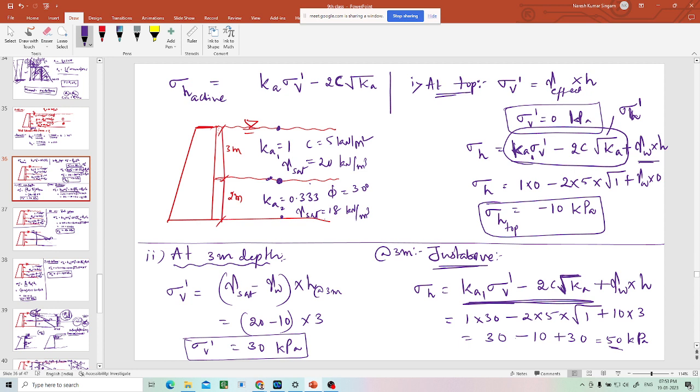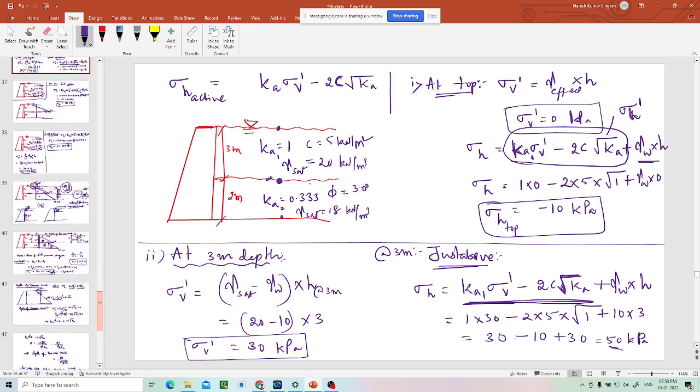So you just make it 0. Ka1 sigma V dash is gamma effective multiplied by z, minus 2 into 5 into under root Ka, again 1 it is, plus gamma W, which is 10, times H, again z, equal to 0. That z is the only unknown. You can calculate z using this equation now. Okay, that is one thing.